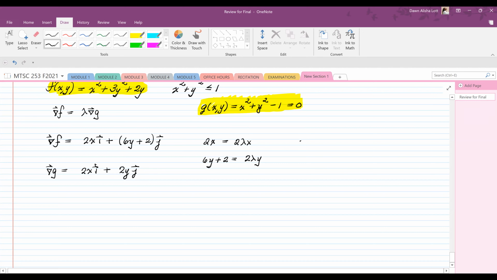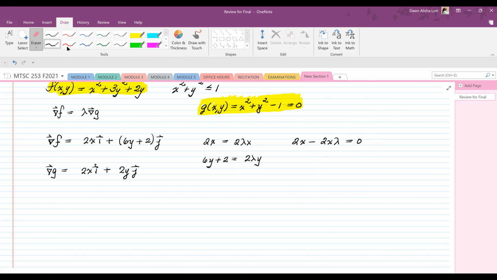So 2x minus 2x times lambda is equal to 0, so 2x times 1 minus lambda is equal to 0.